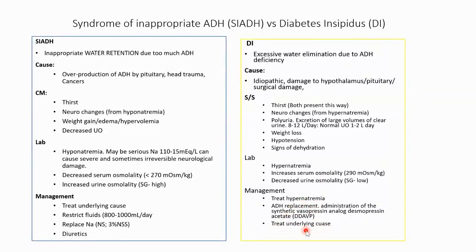And certainly, that's spelled wrong, sorry, we want to treat the underlying cause and see what is actually causing it, so we can get rid of it. Okay, thank you very much.